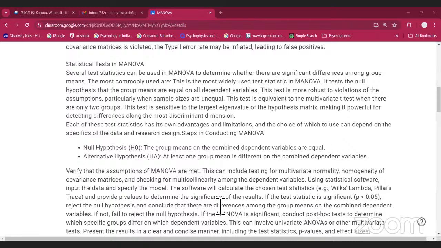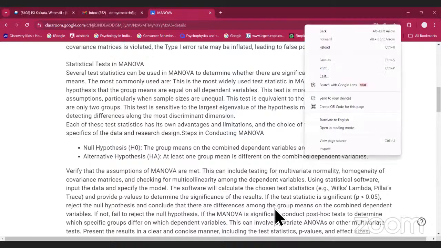Hello, Kavita, please continue. Yes. If the MANOVA is significant, conduct post hoc tests to determine which specific groups differ on which dependent variables. This can involve univariate ANOVA or another multivariate test.